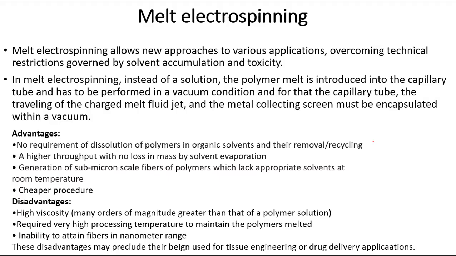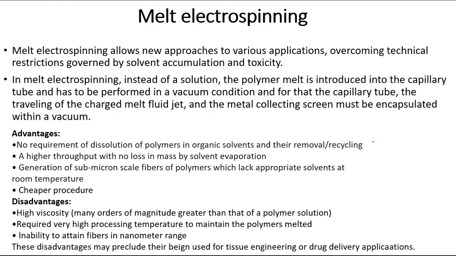In melt electrospinning, instead of a solution, the polymer is melted and then introduced to the capillary tube and needs to be performed in a vacuum condition, not like in a normal ambient condition. And for that, the capillary tube, the traveling of the charged melt fluid jet, and the metal collecting screen must be encapsulated within a vacuum.